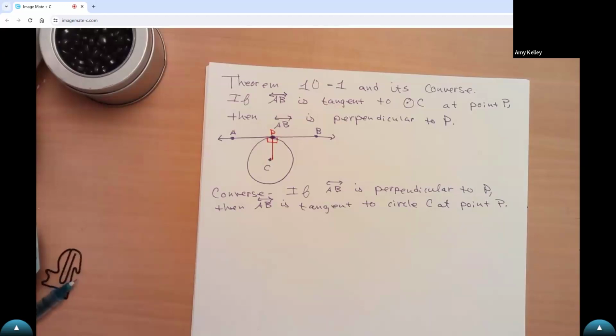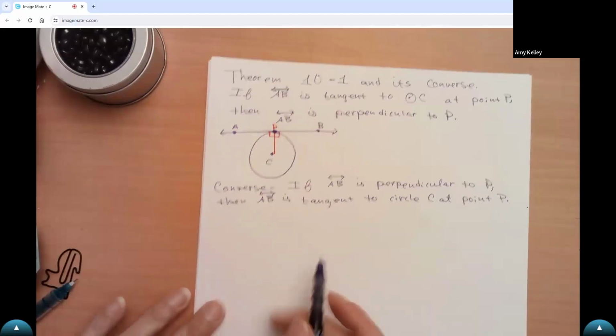Right, any questions? All right, so let's work out an example and see how these are used in solving problems.